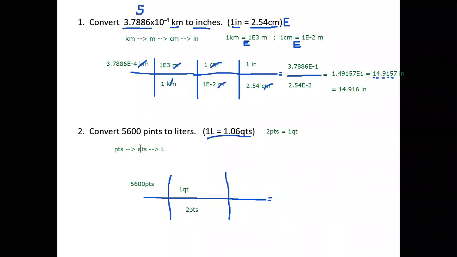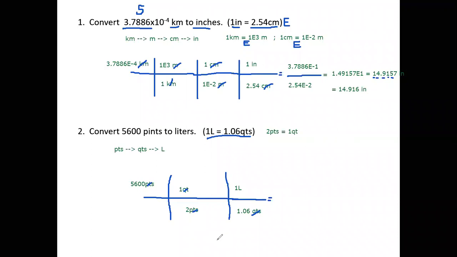Now that we have quarts, we want to convert it to liters. So we use our conversion factor in parentheses, and we know that 1.06 quarts is in 1 liter. So now again, notice that everything cancels but liters.